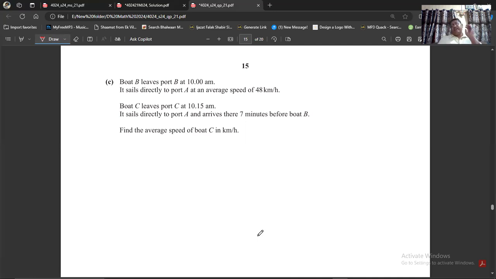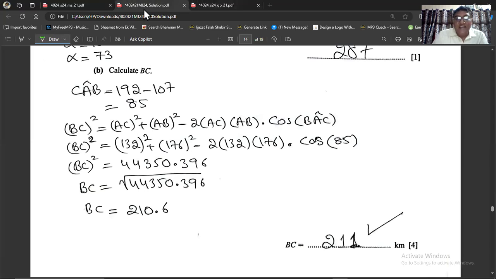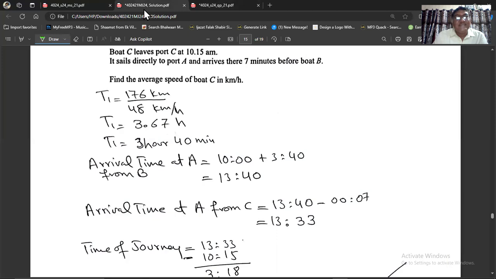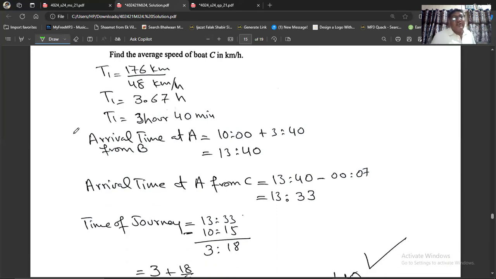Okay, so first of all, we will concentrate on the boat B. The boat B is going from the port B to the port A. The distance between the port B and the port A, we know that distance, and that distance is 176 kilometer, and the speed of the boat B is 48 kilometer per hour.